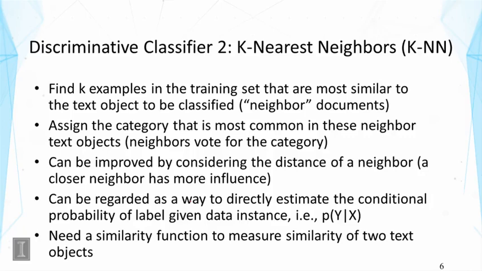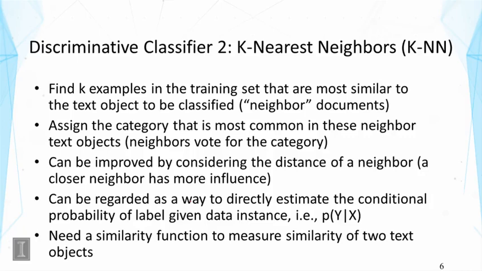So once we found the neighborhood and found the objects that are close to the object we're interested in classifying, let's say we have found the k nearest neighbors, and that's why this method is called k-nearest neighbors. And then we're going to assign the category that's most common in these neighbors. Basically, we're going to allow these neighbors to vote for the category of the object that we're interested in classifying.